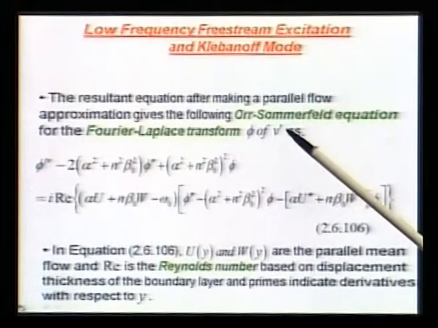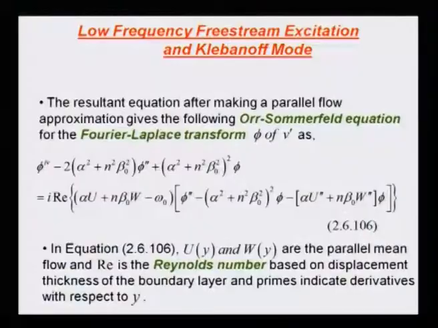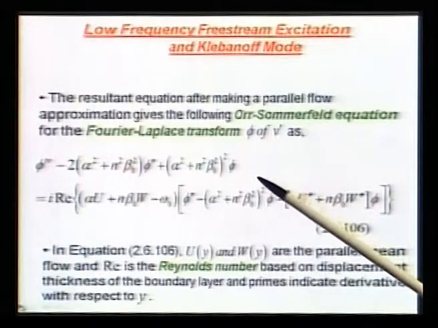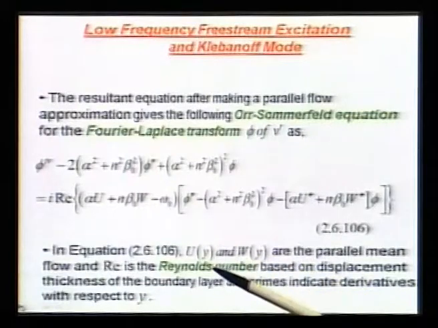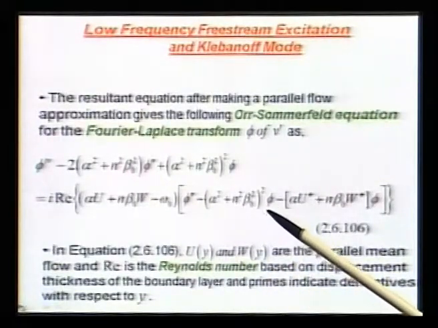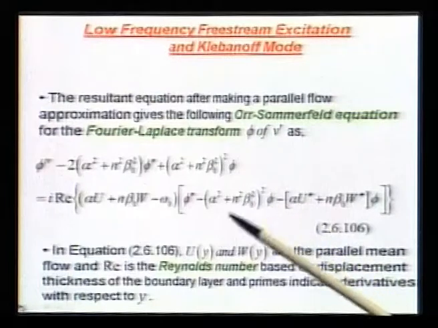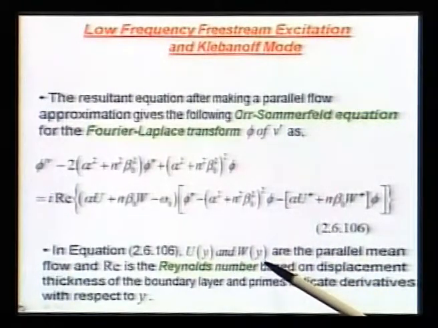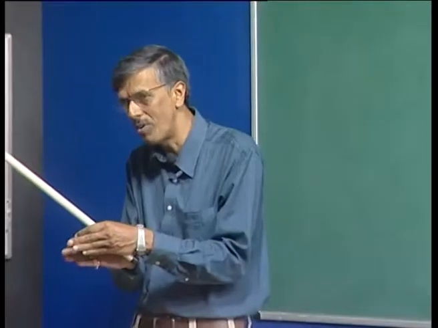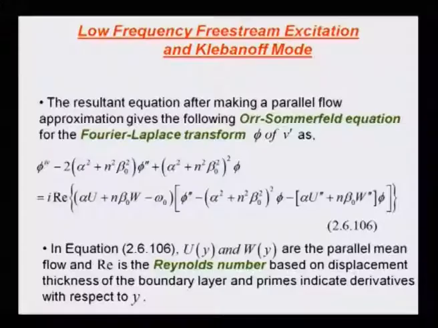V prime is indicative of the wall normal component of the velocity, and this is the generic Sommerfeld equation for 3-dimensional mean flow and 3-dimensional disturbance field. The 3-dimensional mean flow is because you have u of y and w of y. You can split it into a streamwise and a cross flow component.